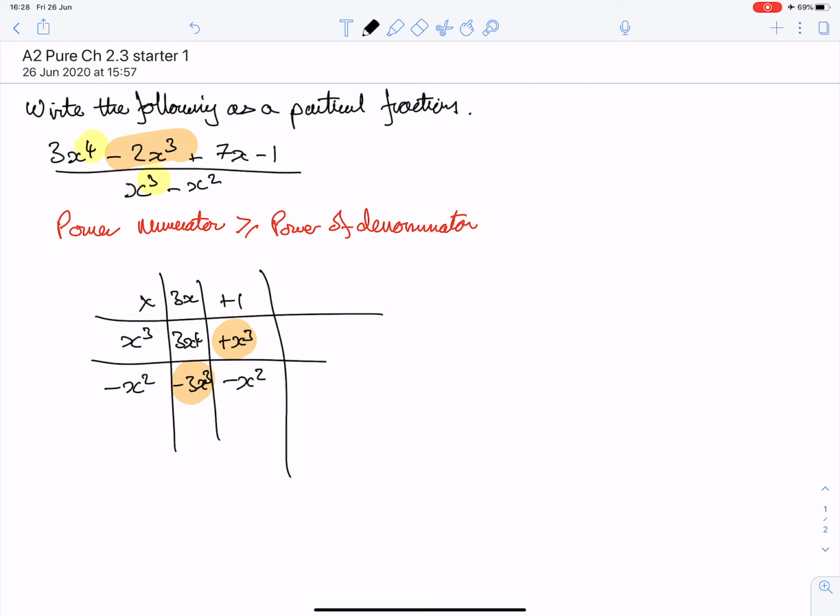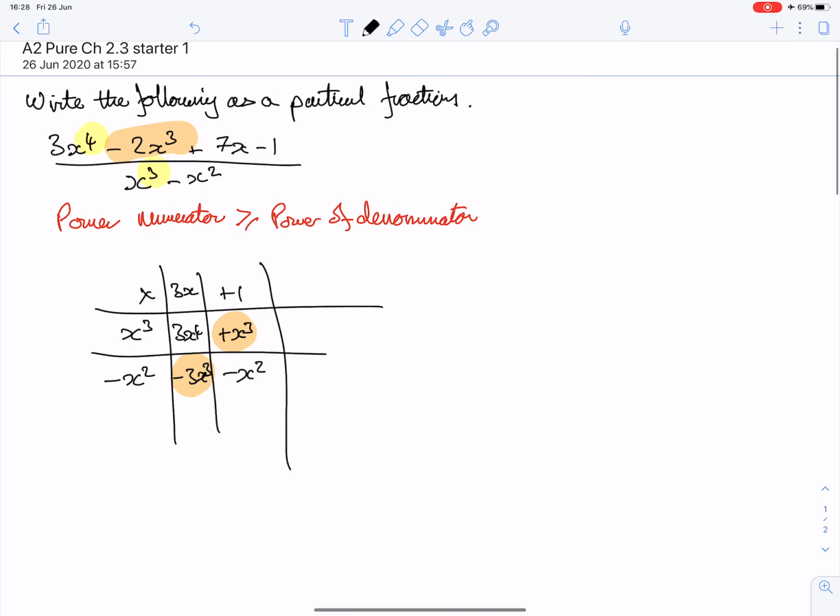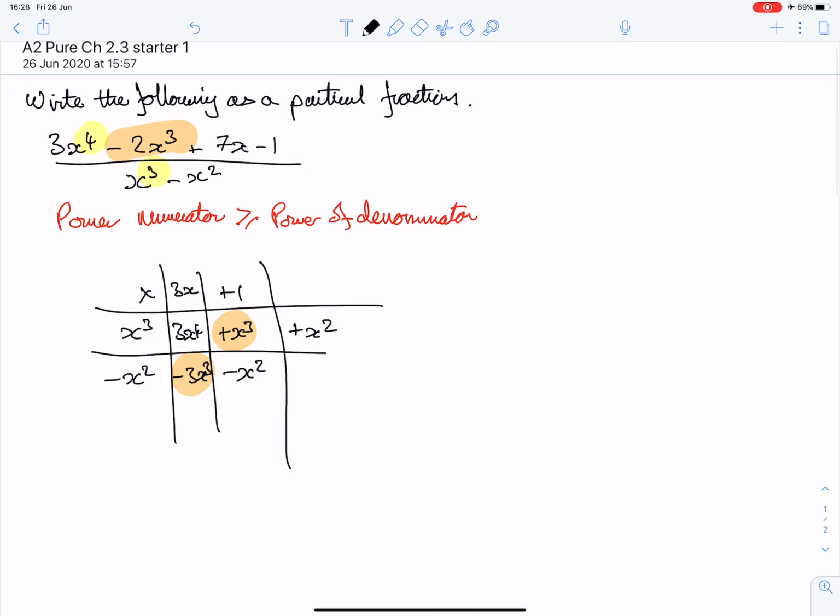Next, in the question on the numerator, we've got no x squared, so we've got to add in 1x squared. And x cubed times a whole number doesn't give us x squared, so this is going to be our remainder.